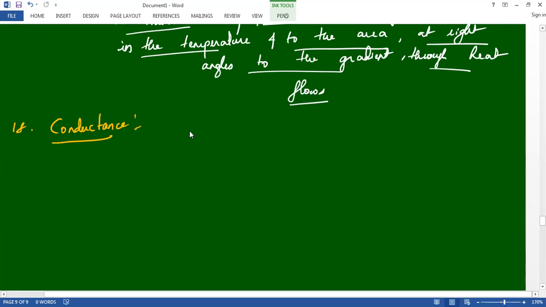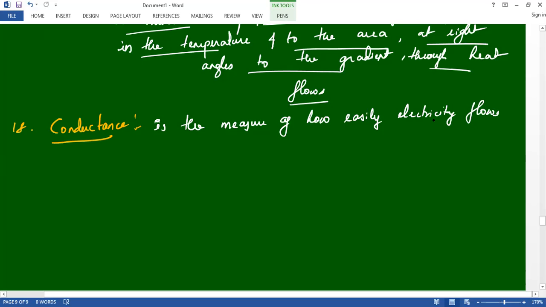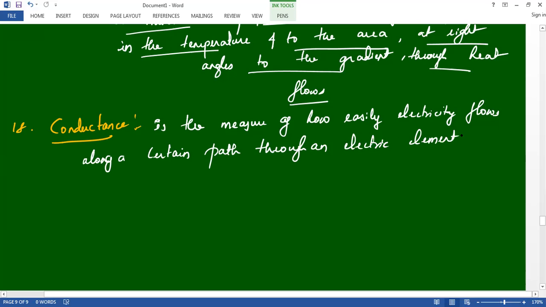Conductance is a measure of how easily electricity flows along a certain path through an electrical element.